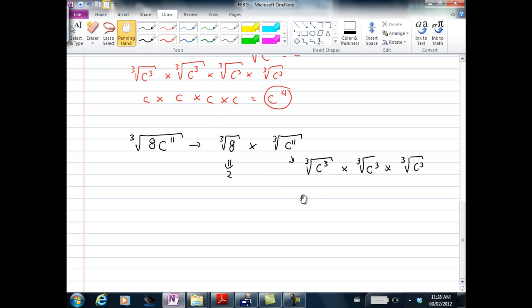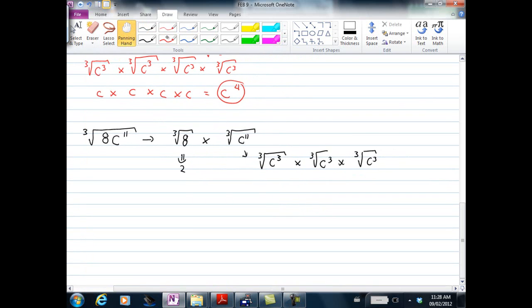But if I do this, that's only 9. I'm missing the cube root of 2. Agreed? Because I can break into 3 of these, but it has to be the cube root of 2 left in there.